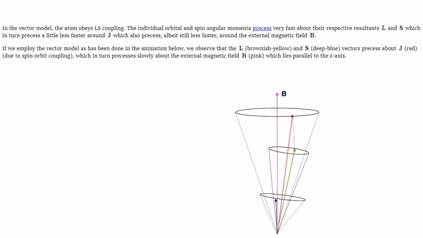The Zeeman effect, the anomalous part, can be explained using the vector model. In this model, the atom obeys LS coupling. Yes, L plus S will give you J. In this case, the individual orbit and spin angular momentum precess very fast about their respective L and S resultants. All are precessing. We have shown here 3 circles and everything is moving.